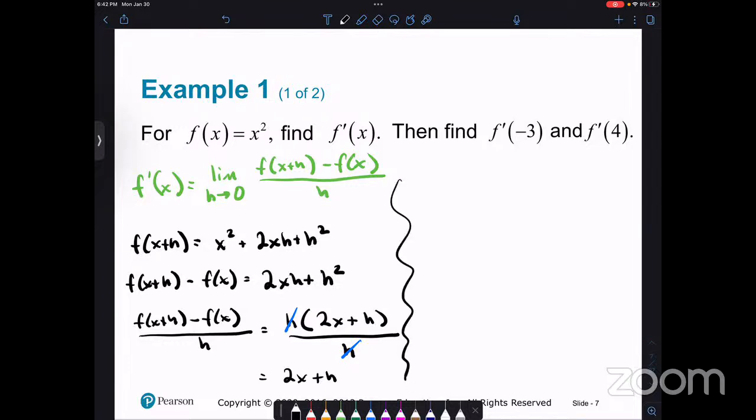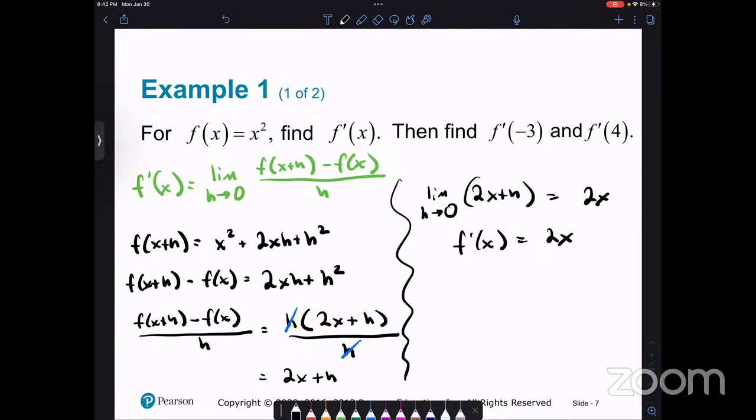Now we're applying those limit techniques that we talked about previous week, right? So if we take the limit as h goes to 0 of 2x plus h, in this case, you can just substitute 0 for h and you get 2x, right? So our claim is that f prime of x equals 2x, okay?